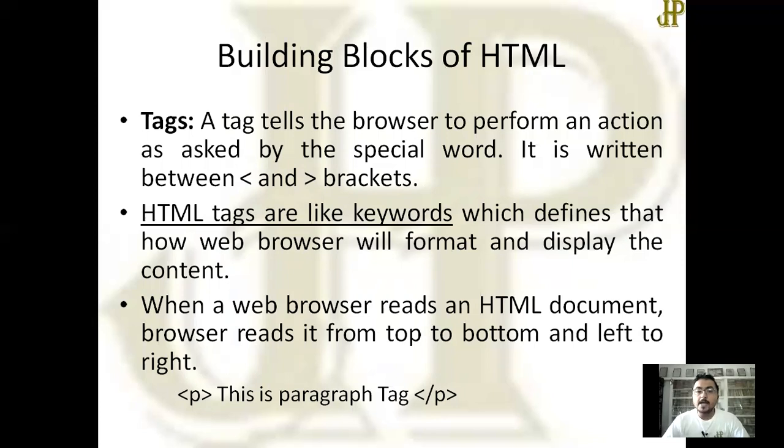A tag tells the browser to perform an action as asked by the special word. You can say that it is just like a keyword in another language, which defines how the web browser will format and display the content.